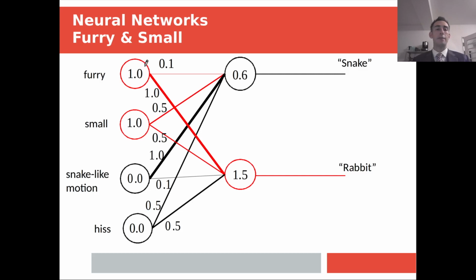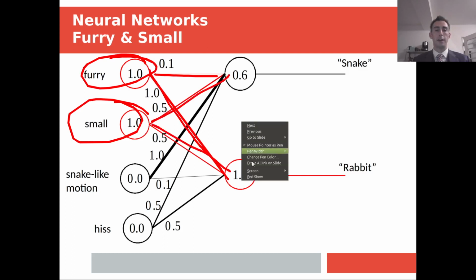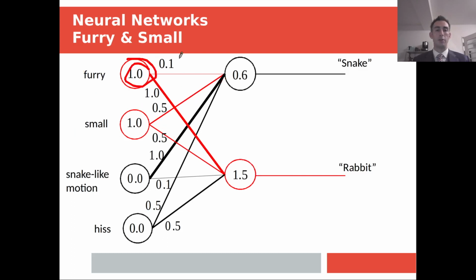So if you activate, for example, because you see something that's furry and something that's small, this activation will spread along the connections. So 1.0 times 0.1 plus 1.0 times 0.5 is going to be 0.6.